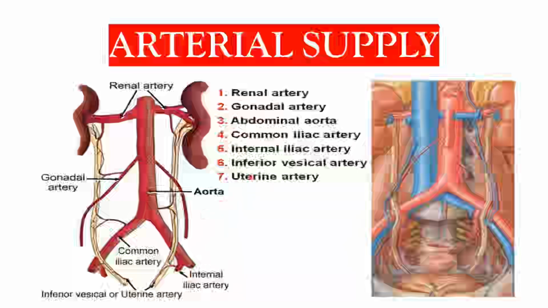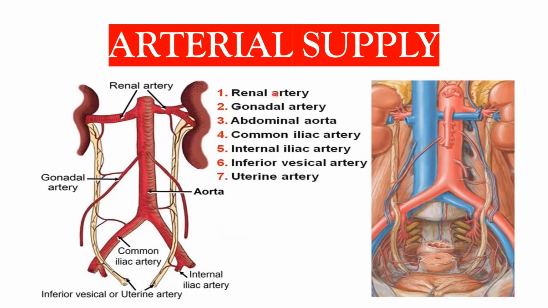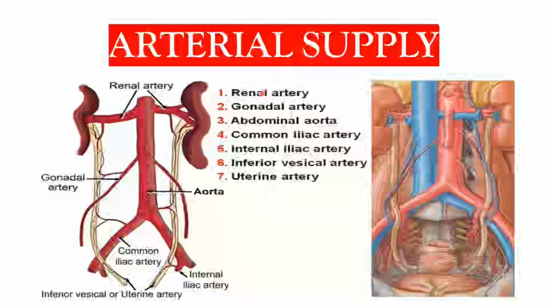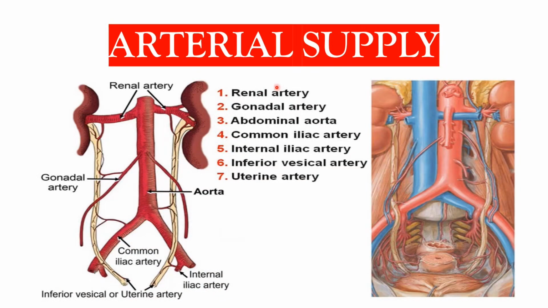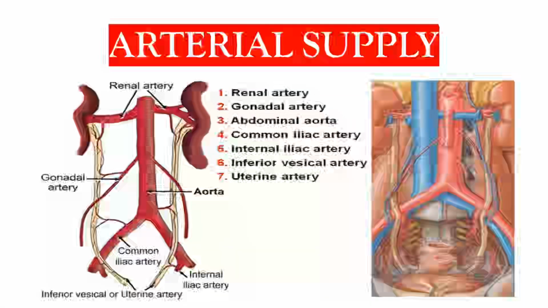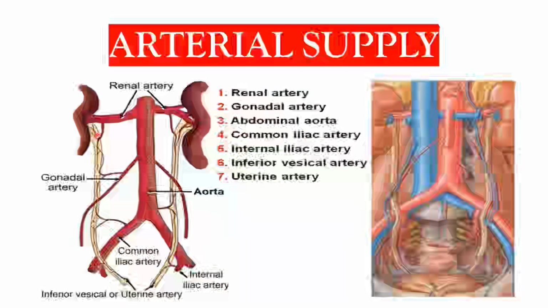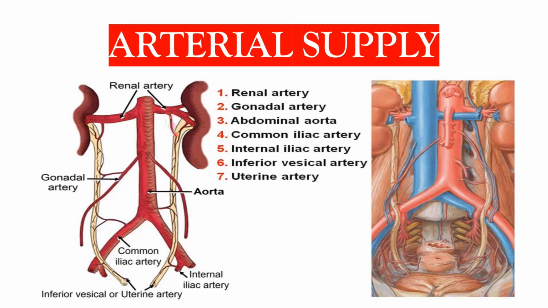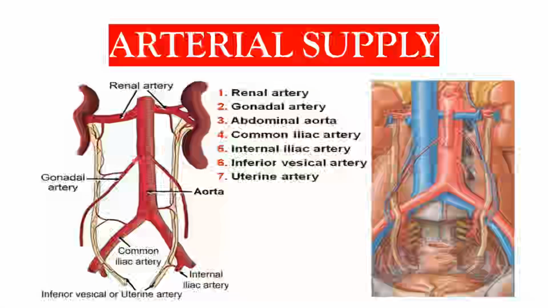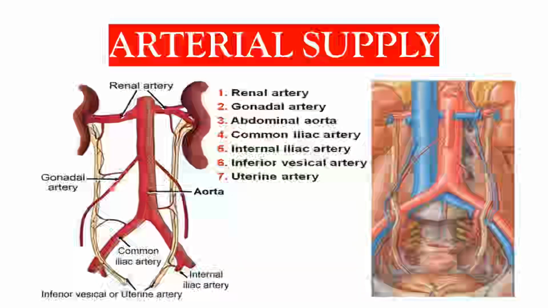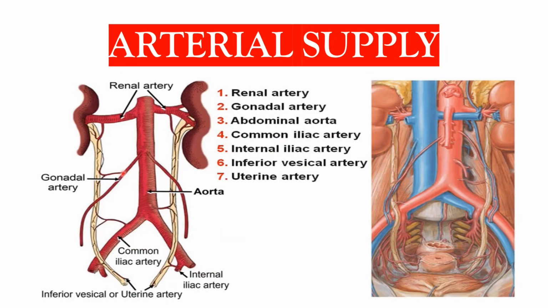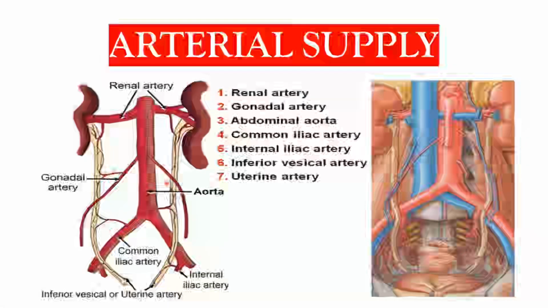Again, the arterial supply of the ureter. There are branches from these seven arteries that supply the ureter. Okay, the first one is the renal artery. You can see the branch here from the renal artery supplying the ureter. Then this is the gonadal artery. There's a branch from the gonadal artery supplying the ureter. Then there's the abdominal aorta.